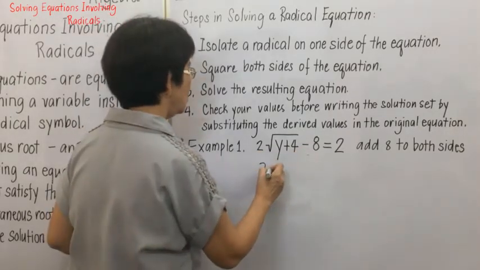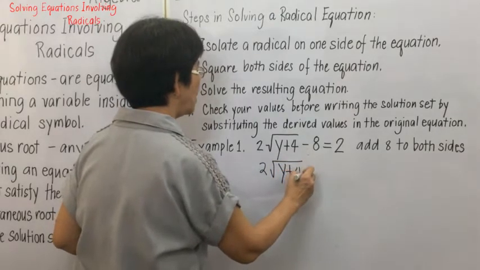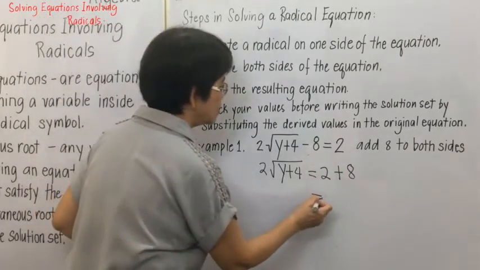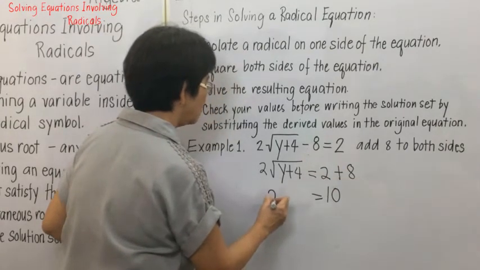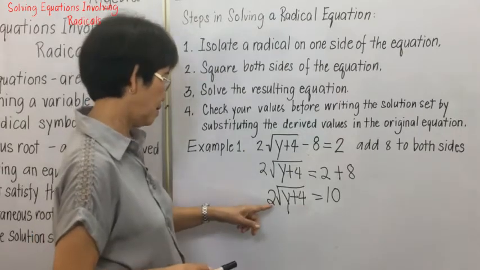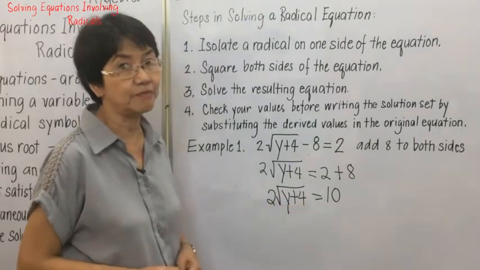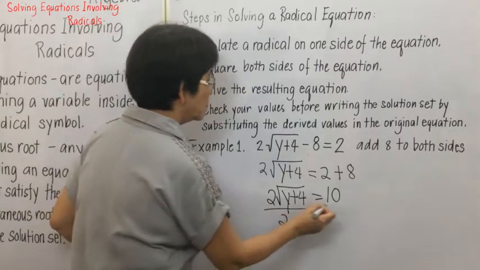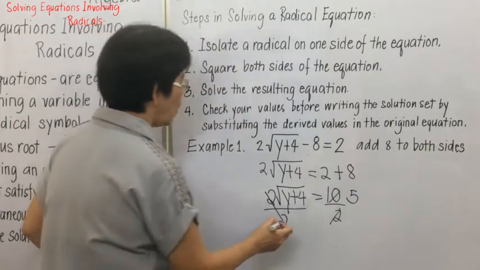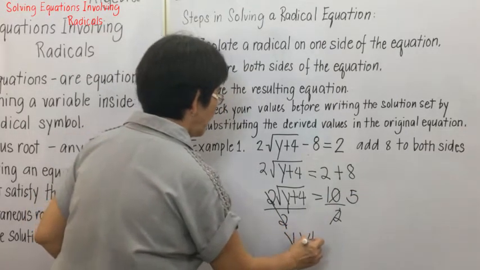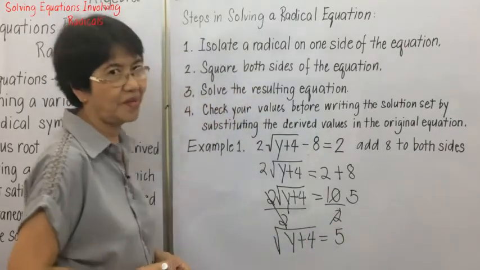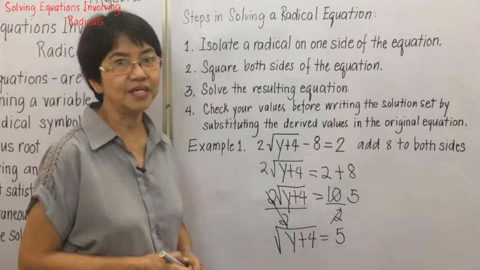So we have 2 square root of y plus 4 is equal to 2 plus 8. 2 plus 8 is equal to 10, and since we have a common factor on both sides, we can divide both sides by 2. So square root of y plus 4 equals 5.